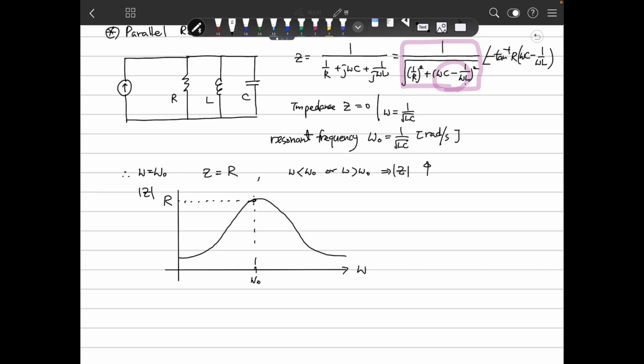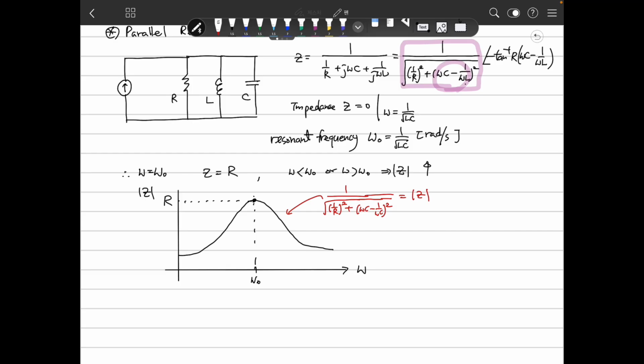You find, okay, this is 1 over square root of R square plus (omega C minus 1 over omega C) square. This is the magnitude of Z.